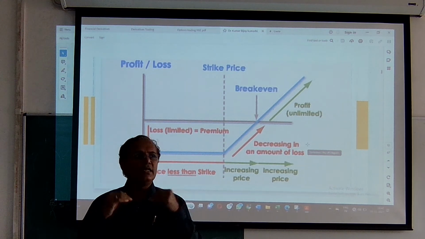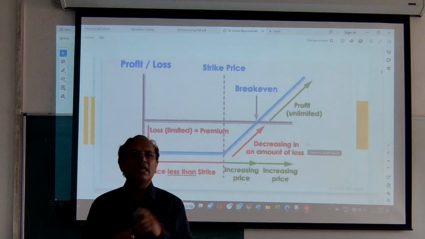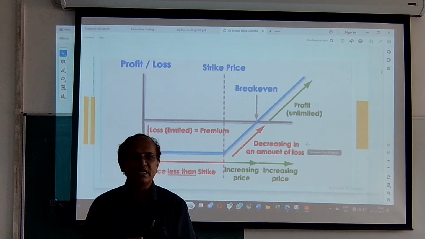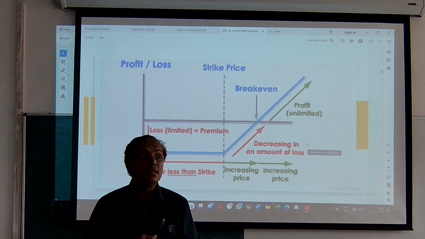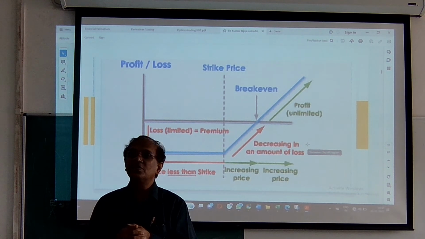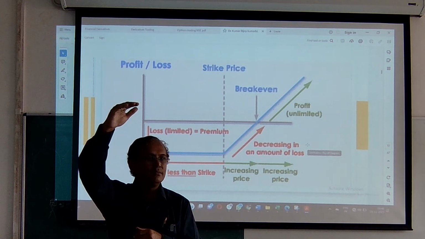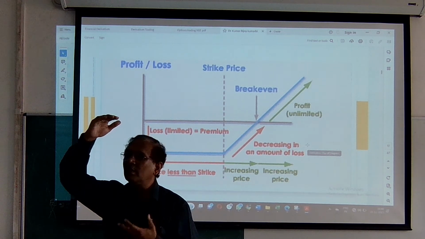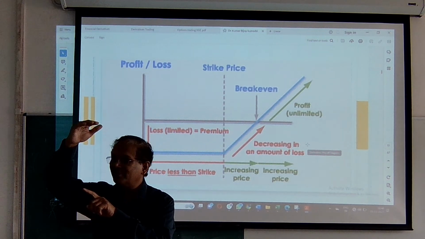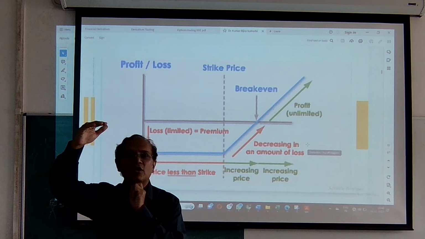Suppose today I decided that the price is expected to move up to 83.76 and I make a strike of 83.56. My premium is going to be 20 paisa at the extreme, because the rule of thumb says that sellers should set the strike price as high as possible. How will the seller earn? The seller earns only when the option does not get exercised. The seller is the one setting the strike or premium.